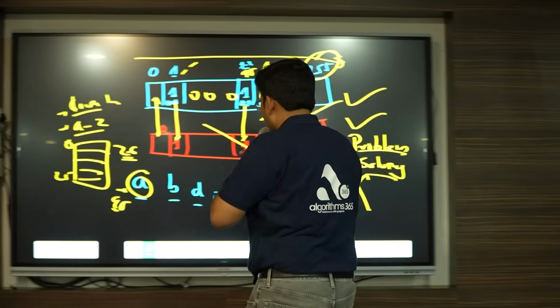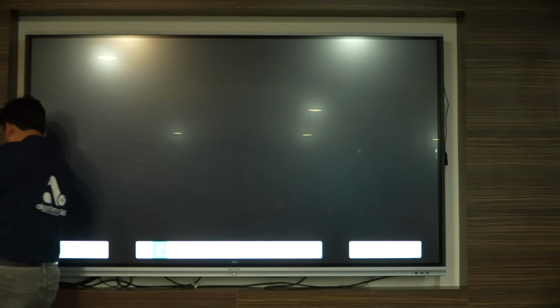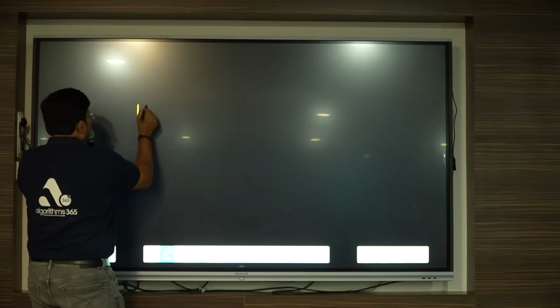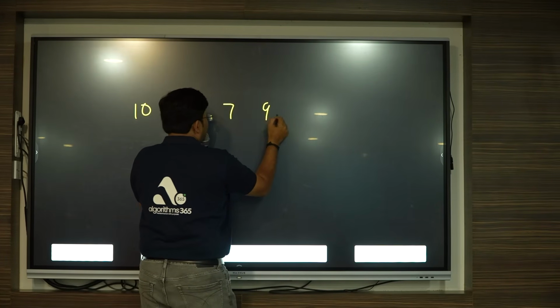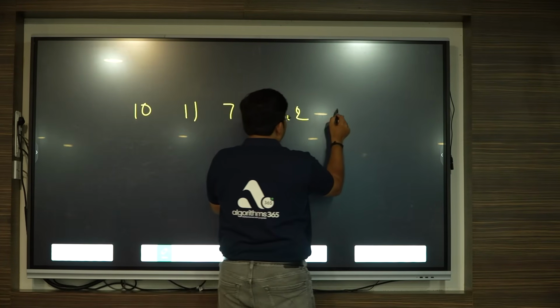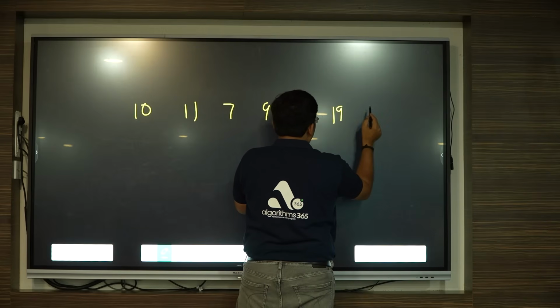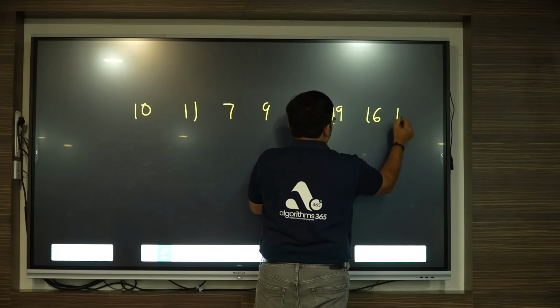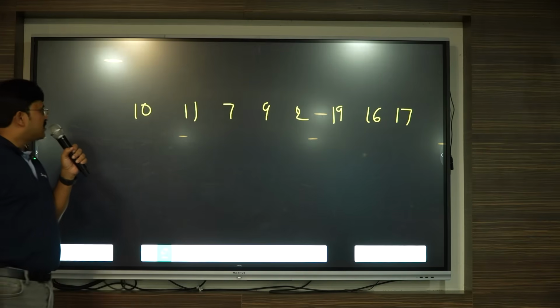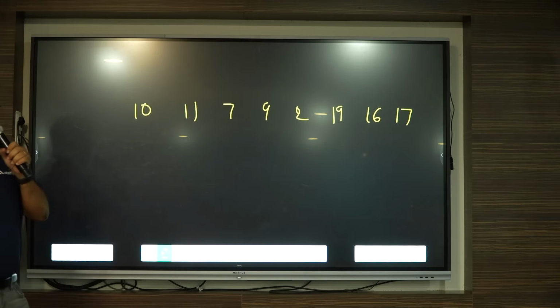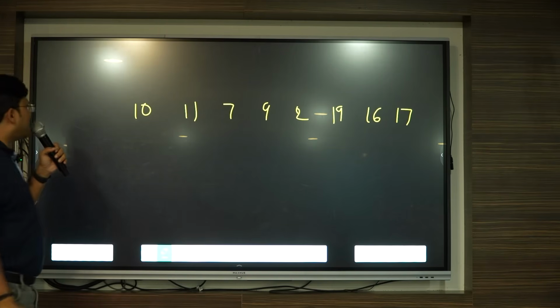Let me repeat and give you a sample output as well. I am writing the stock prices. So what is the maximum profit we can make? No, tell me the value, when to buy and when to sell.